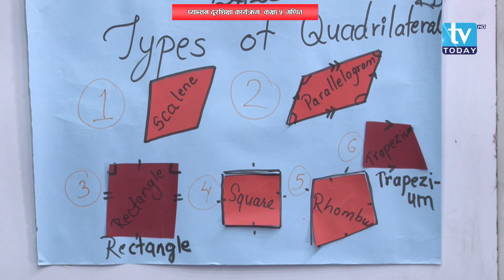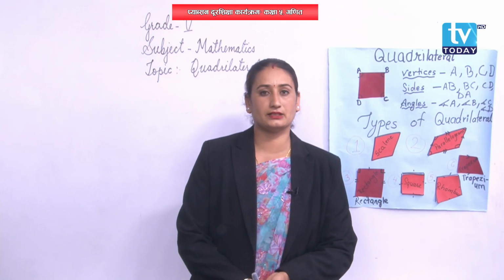So, in a square, all the sides are equal. Square means all the sides are equal and the angles. What about the angles? All the angles of the square are also exactly 90 degrees. Why exactly 90 degrees? Same as in a rectangle.